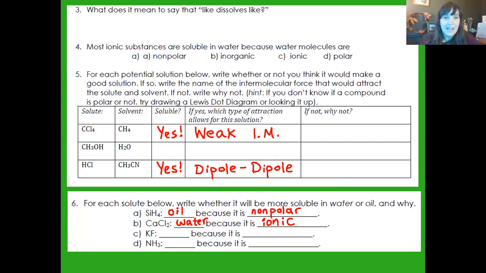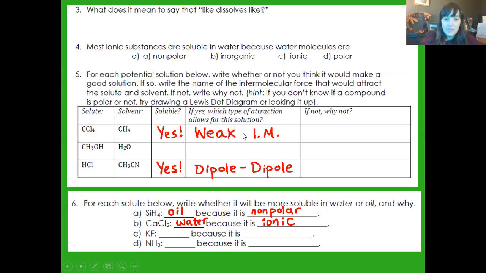For number 5, you're thinking whether each pair, solute-solvent pair, would make a good solution, and if so, what's the attraction that makes it be a solution? So this first pair, we've got carbon tetrachloride, and that's nonpolar, and the solvent CH4 is also nonpolar. So yes, they would work well together.